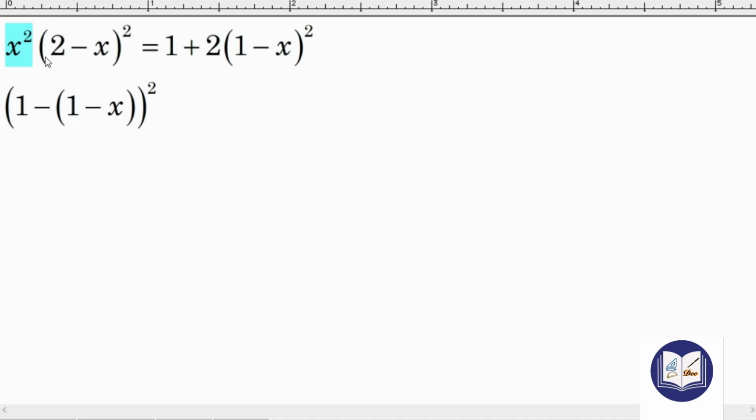Then here we have 2 minus x squared, which could be written as 1 plus 1 minus x, and we put 1 minus x in the parentheses like this, all squared. So now these two factors are still equal to this side.